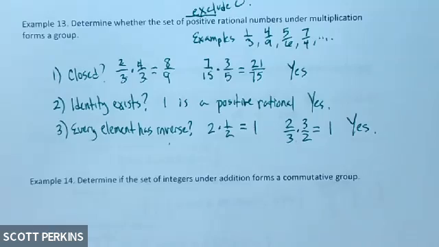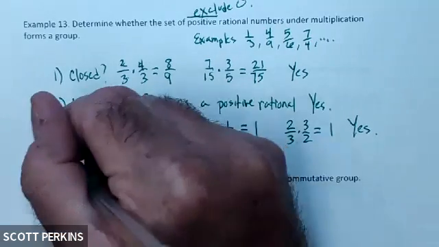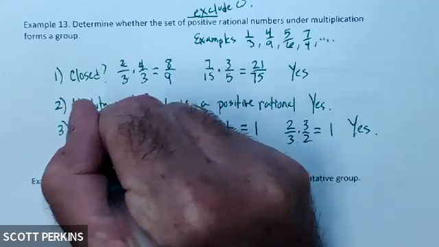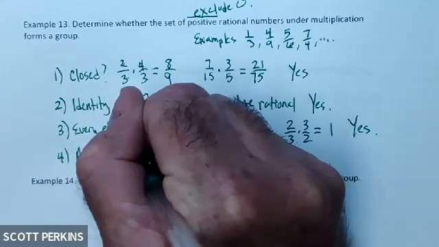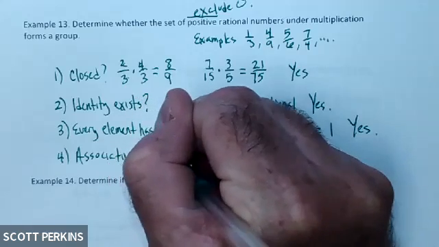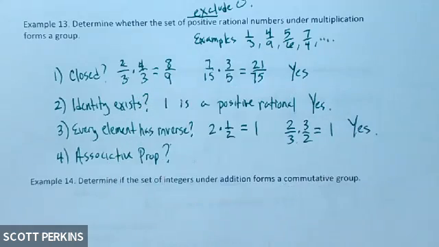Last but not least, associative property. Well, I already told you, is multiplication associative? Yes.